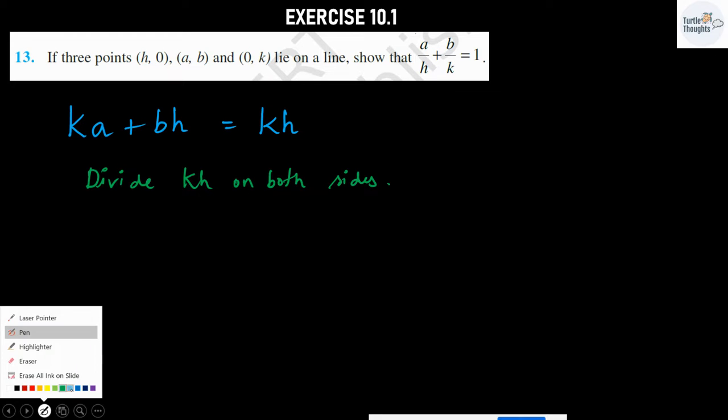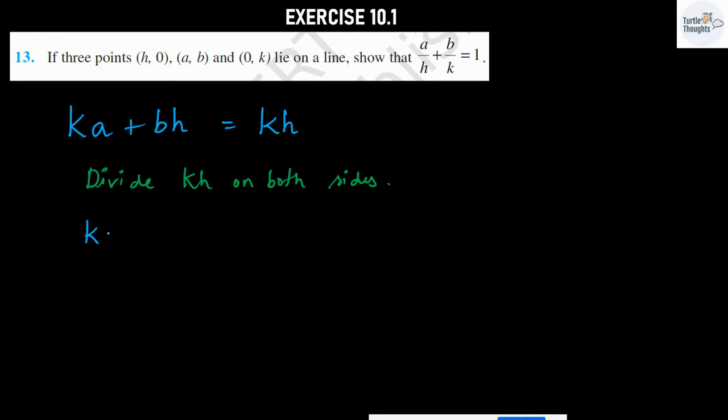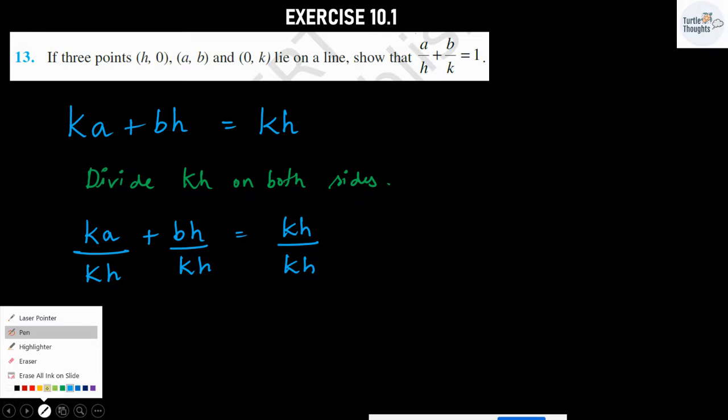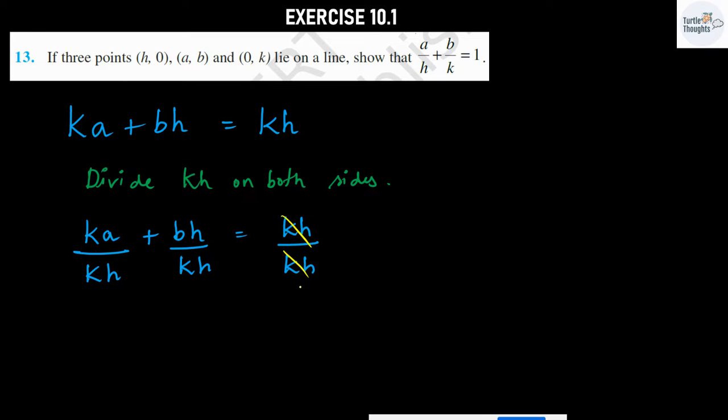When I divide kh on both the sides, I will be ending up with ka divided by kh plus bh divided by kh is equal to kh divided by kh. K and K I can cancel. H and H also I can cancel.